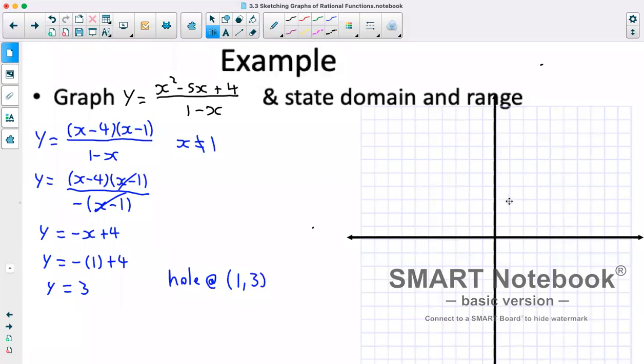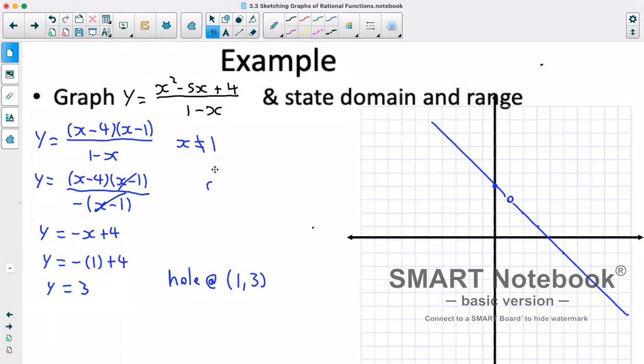So mark that on my graph, and then I'll start graphing this function. So we have a y-intercept of 4 with a slope of -1. Plot out a few points, and then join them to do our graph.